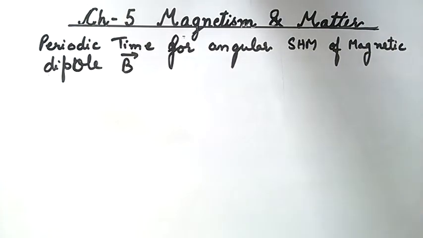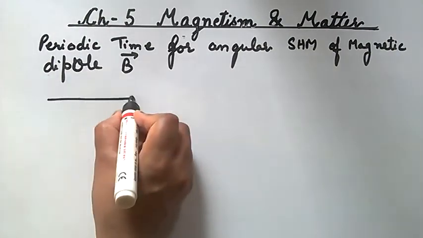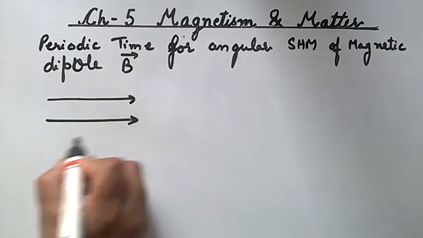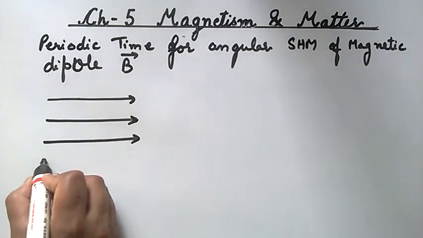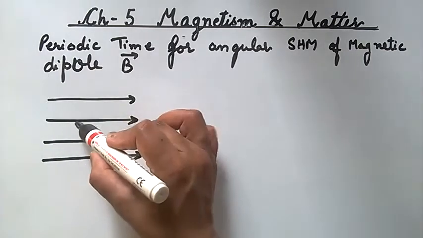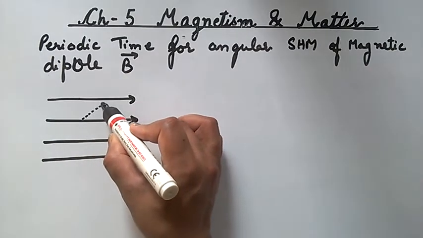So here let us consider that a magnetic needle is placed at an angle theta with a uniform magnetic field.